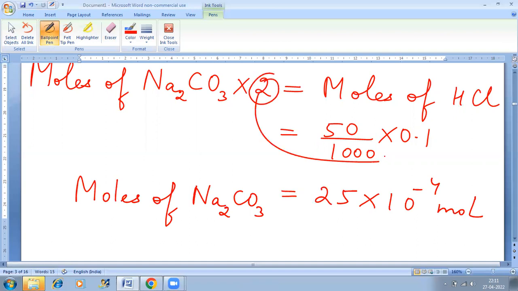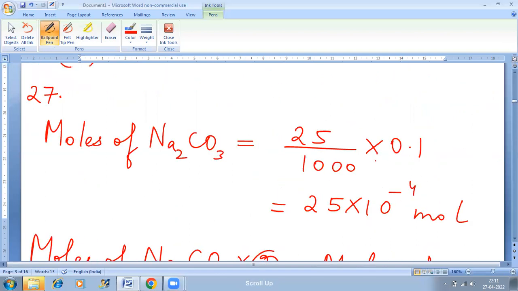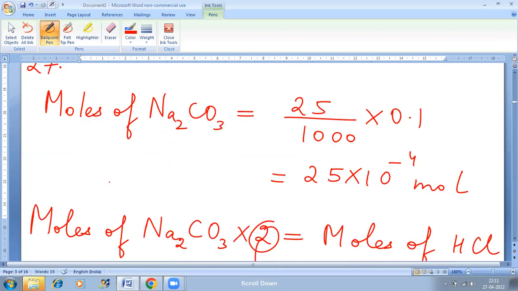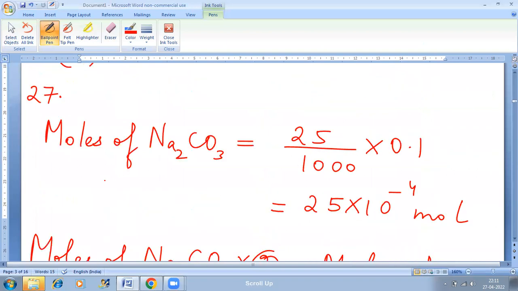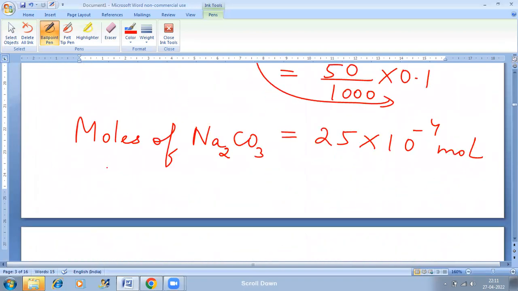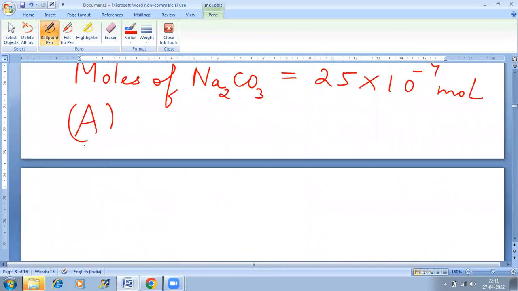Why? Because this 2 will come here and I'll get 25. 50 by 2 is 25. Now, see, this is consistent with the previous result, which means that my assumption was correct. That means the sample consisted of only Na2CO3 and nothing else. Because the number of moles of Na2CO3 is coming same in both the cases. So the assumption was correct and A is the correct option.